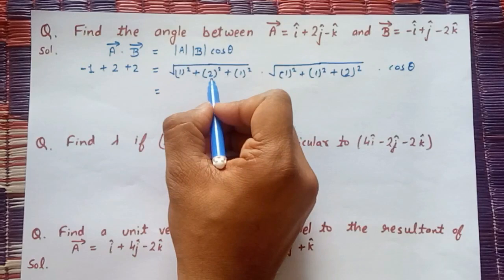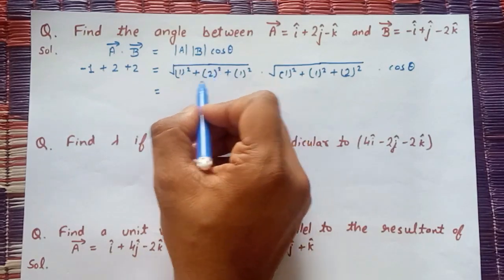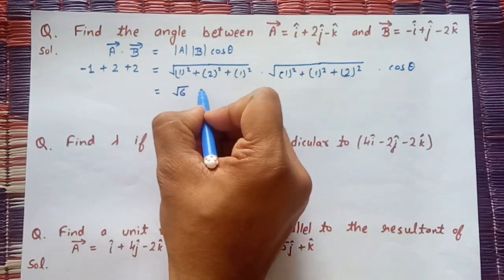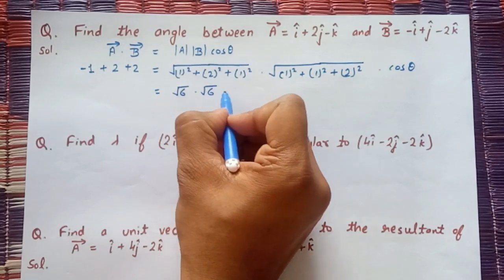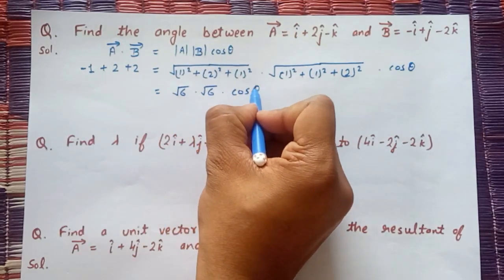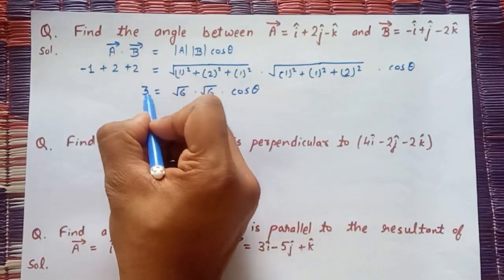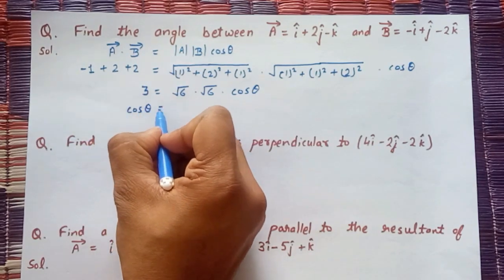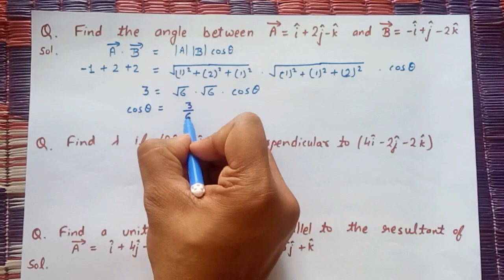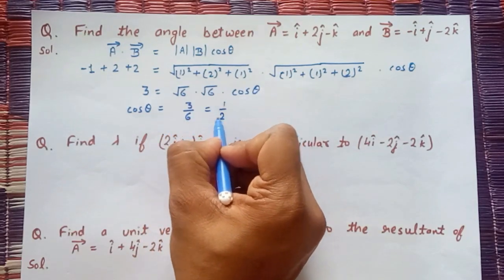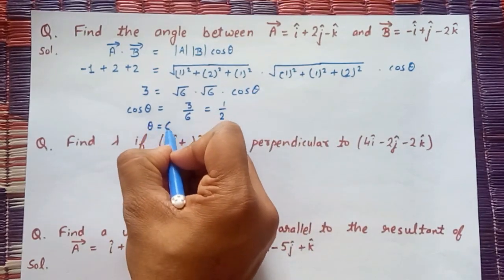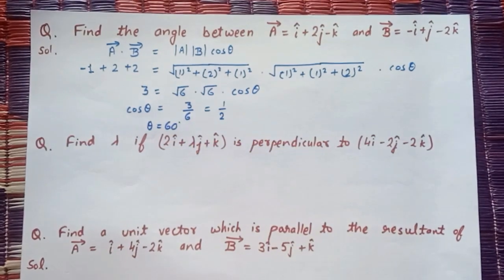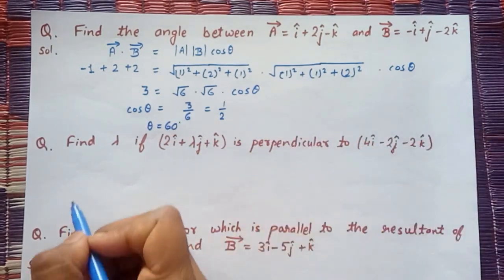So this will be root 6 multiplied by root 6 multiplied by cos theta, and this will be equal to 3. So cos theta will be equal to 3 upon 6, or I can say 1 upon 2. So theta will be equal to 60 degrees. So this is the angle between these two vectors.